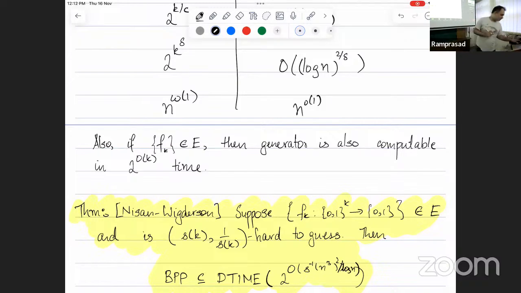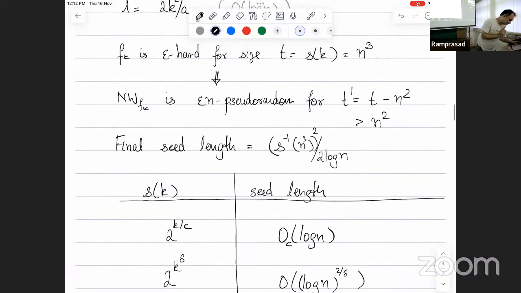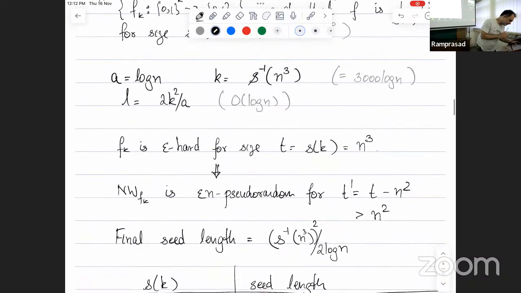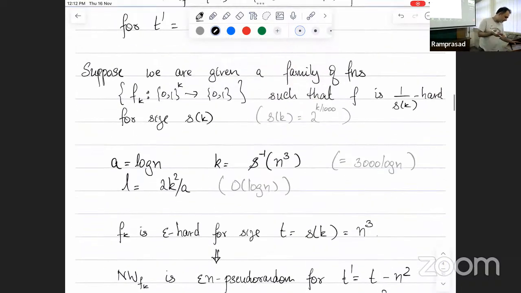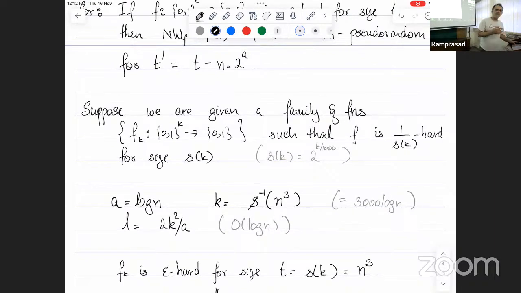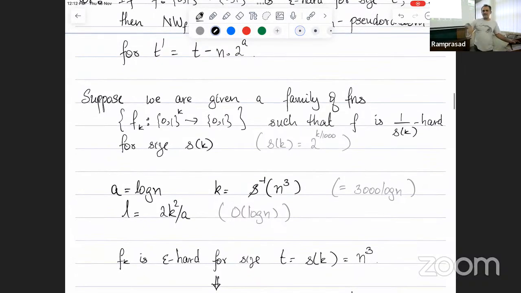Oh, good point. I should have mentioned, I want to absorb this extra factor of n. So I need to work with an epsilon that looks like 1 over n or something. If everything is just 0.1 fooling, for large n, I don't have anything that is like 1 over n fooling.